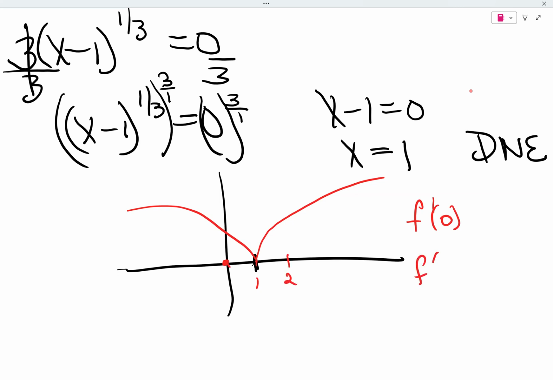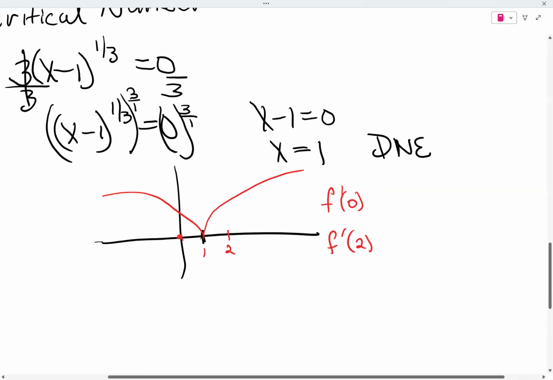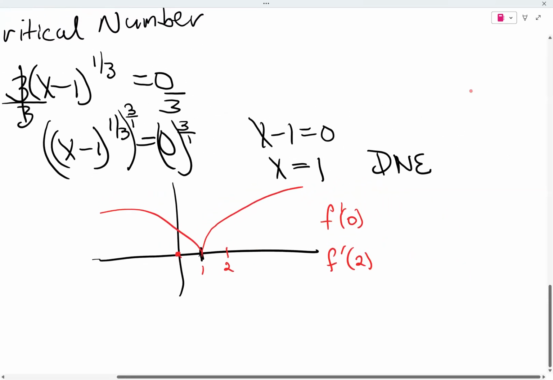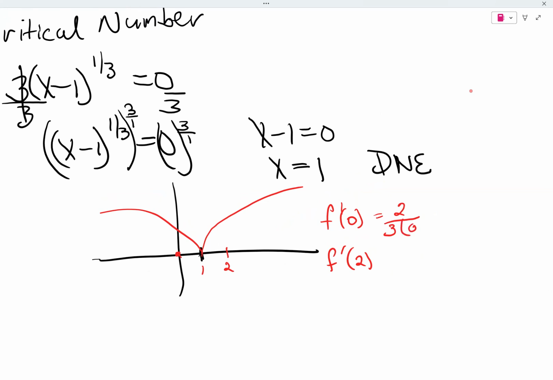Again, these are randomly chosen. You can choose whatever you want. And we'll throw that into our derivative equation. So for example, you'll end up with 2 over 3 times (0 minus 1) to the 1/3, which results in 2 over negative 3.